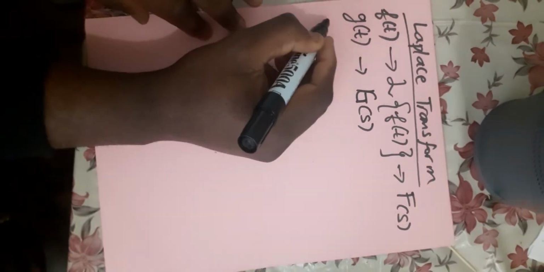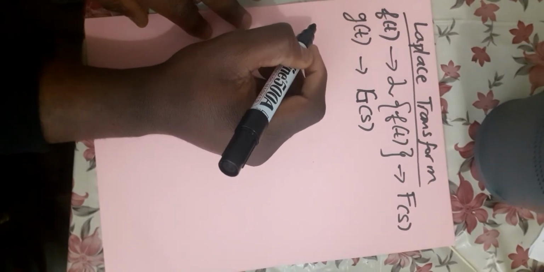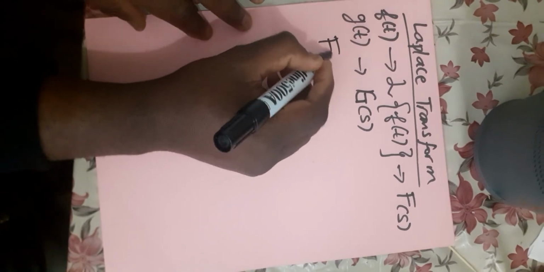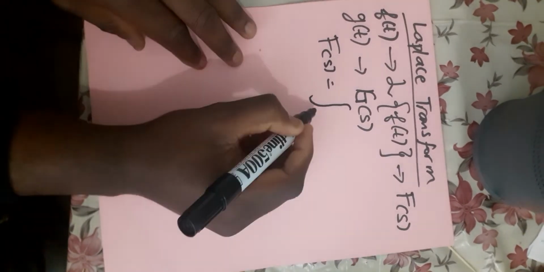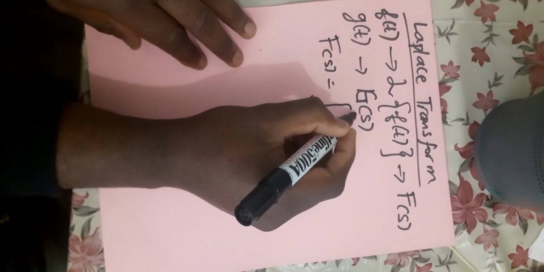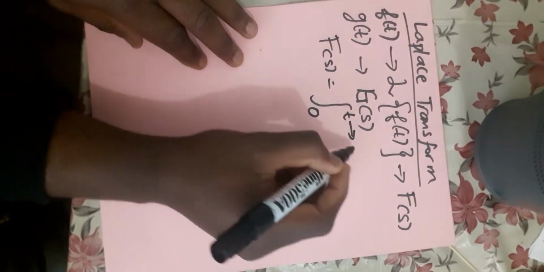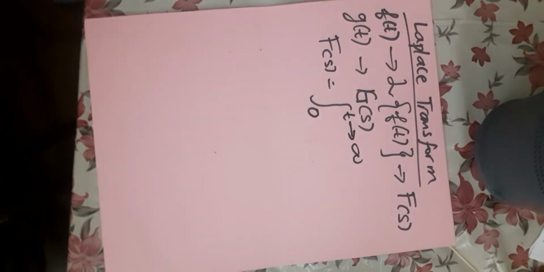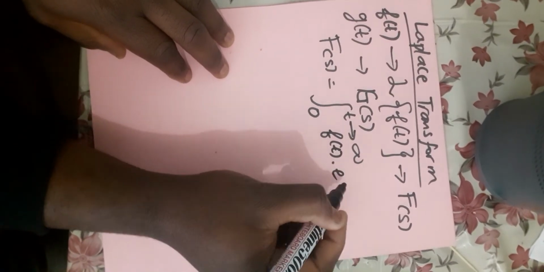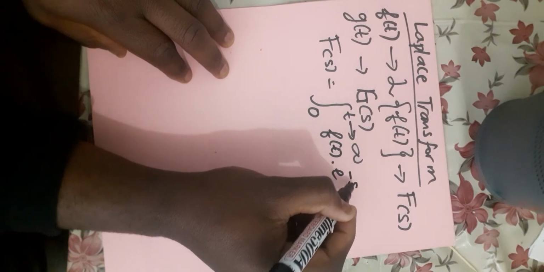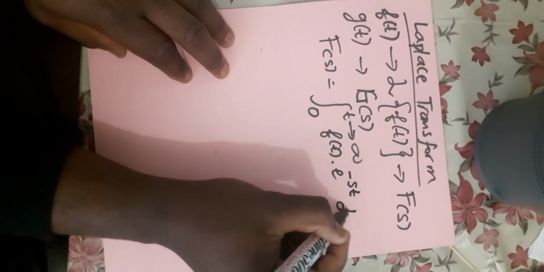Now, by definition, if you have f of t and you have to find the Laplace, it's going to give you F of s equal to the integral from 0 to t tending to infinity of that function f of t multiplied by e to the power minus s t dt.